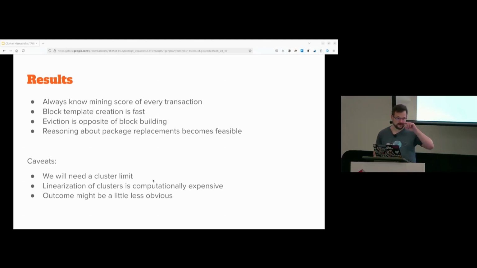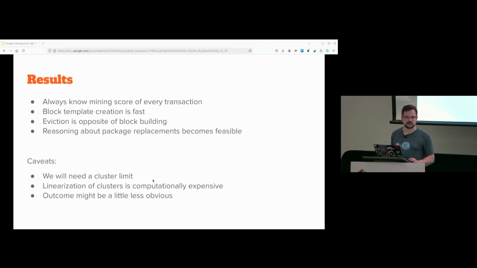We can probably not optimally sort all the clusters because for big clusters, a linearization is basically a power set, and that grows exponentially. The computational effort for sorting it grows exponentially in the size of the cluster. So probably up to about 15, maybe 20 transactions, we can optimally sort.